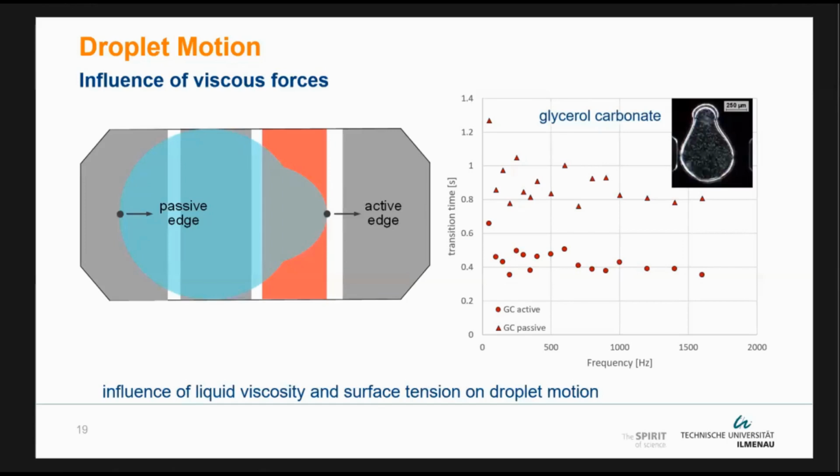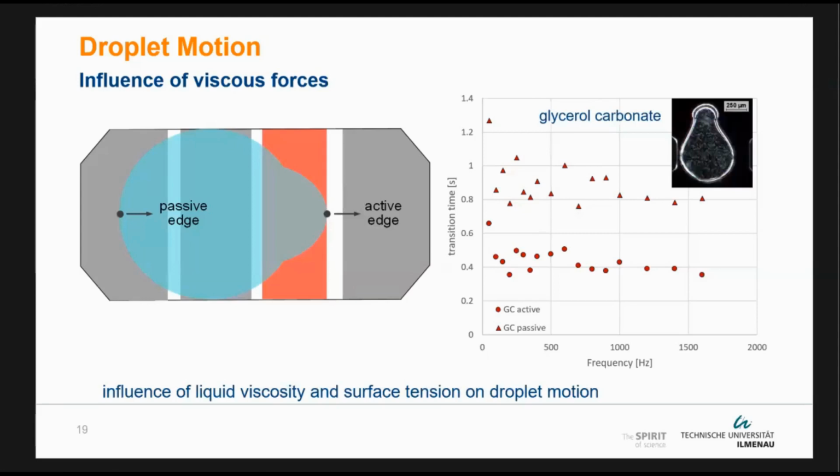So if we have a look at this droplet motion, we only looked at the so-called active edge. That means if we actuate this electrode, this edge is actively dragged towards this direction, and this one is passively dragged. So looking at a liquid which has a higher viscosity, about 80 centipoise, we can clearly see a deformation of our liquid shape, of our entire droplet shape.